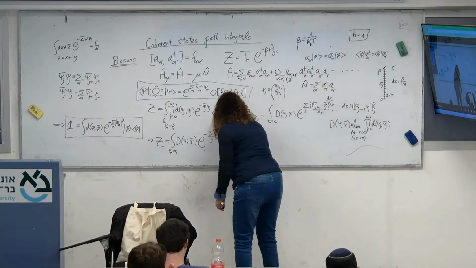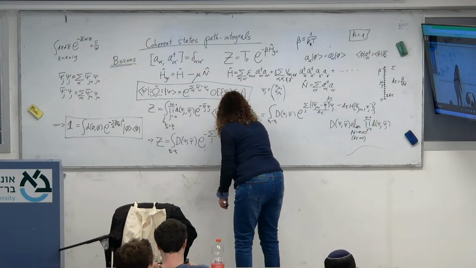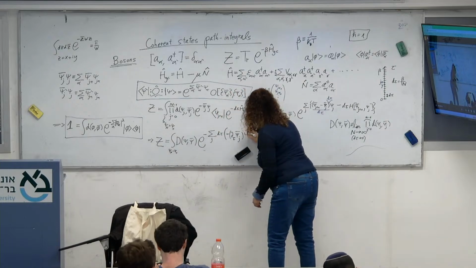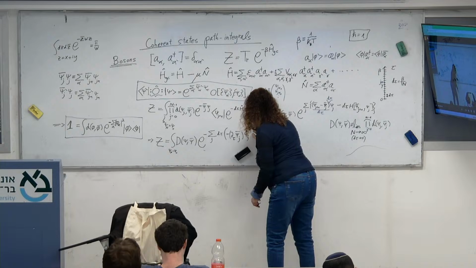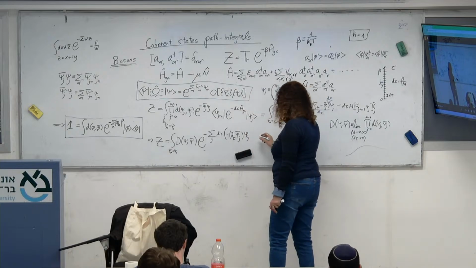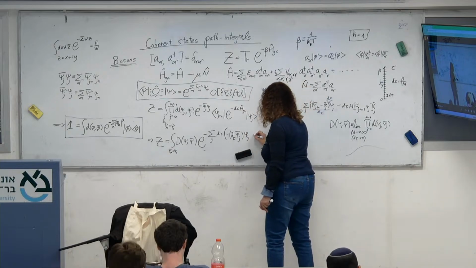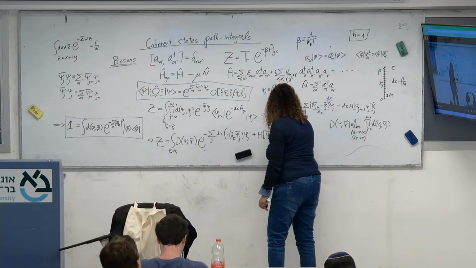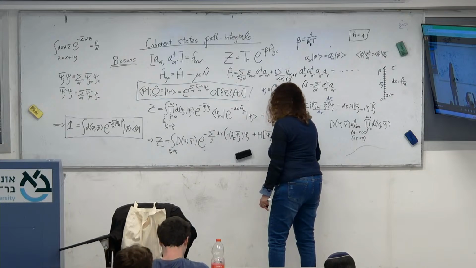And then it's going to be a time derivative of psi bar times psi j, minus plus h, which is some functional of psi j plus 1 bar and psi j. Okay?